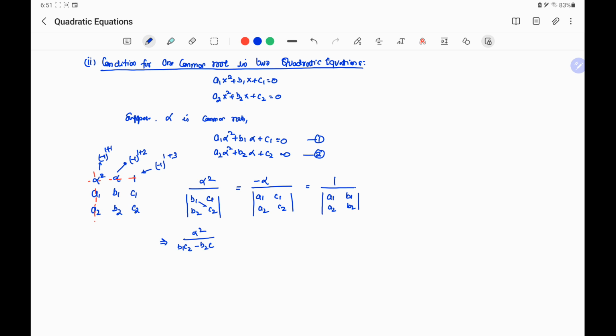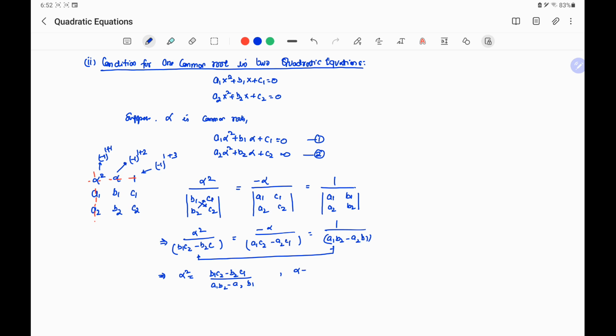First we multiply diagonal elements, then subtract the other product. It will be equal to minus alpha divided by a1 c2 minus a2 c1, and it will be equal to 1 by a1 b2 minus a2 b1. This implies that using the first and third, we will have alpha square is equal to b1 c2 minus b2 c1 divided by a1 b2 minus a2 b1.